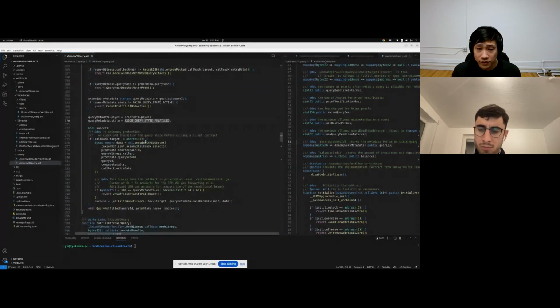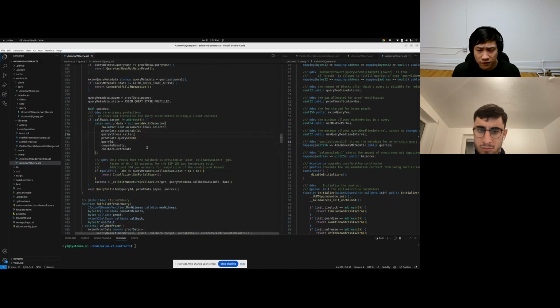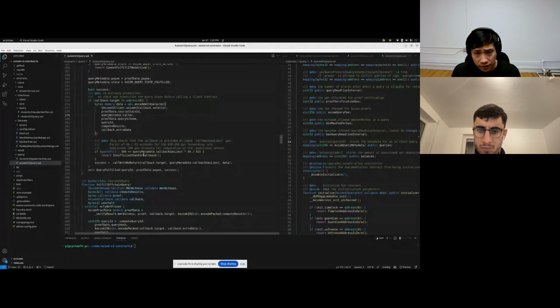Finally, we send the callback to the user's contract. Here we construct the callback, and we always constrain that the callback is to an Axiom v2 callback function, and we fill in each of the fields that we promised the user. The last thing that might be a little bit interesting is that when we actually send the callback, we need to check that we have sufficient gas to forward on to the call.